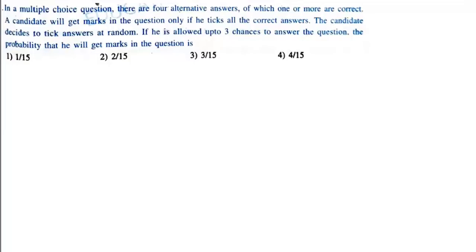Now the question is, in a multiple choice question, there are 4 alternate answers out of which 1 or more are correct. A candidate will get marks in the question only if he takes the correct answer; the candidate decides to take answers at random. If he is allowed up to 3 chances to answer, he'll get marks in the question. Now, if it has 4 alternatives, then the total number of possible choices is, for each option we have 2 choices, so it'll be 2 into 2 into 2 into 2, so there'll be 16 choices.